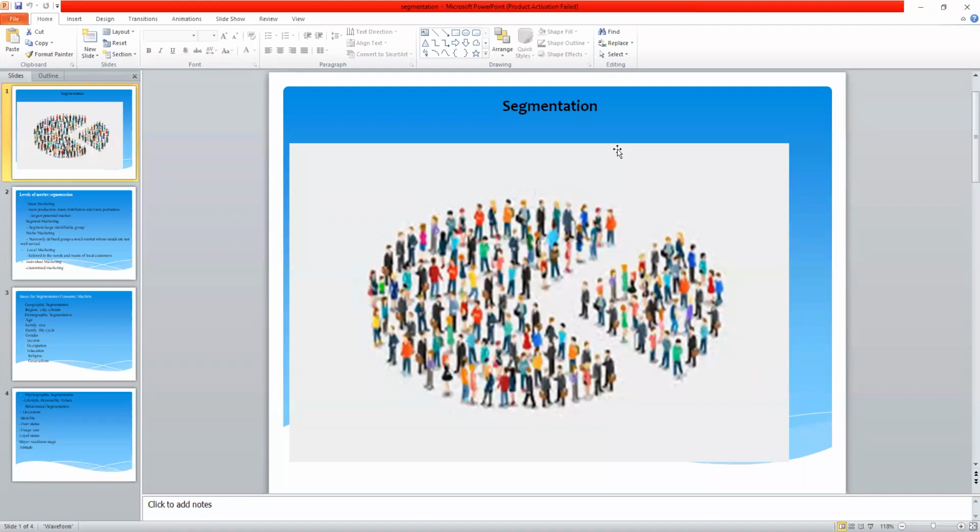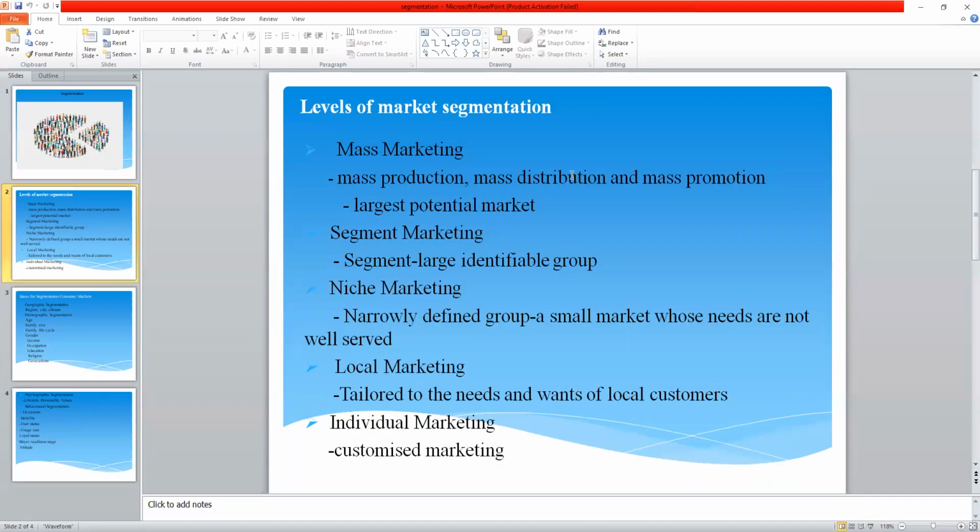Now, if we take into consideration the levels of market segmentation, the starting point of any producer, any manufacturer starts with the mass marketing criteria.